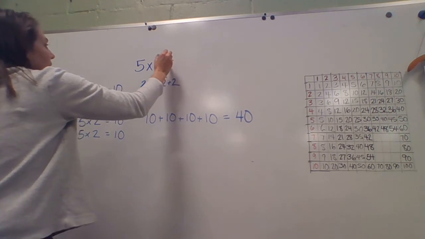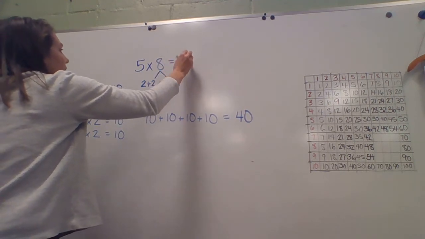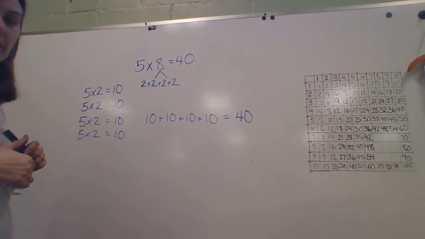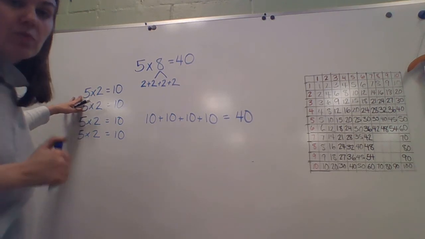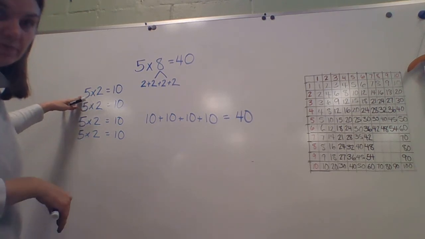So we can tell that 8 times 5 is going to be 40. We figured that out by using what we know already about 5 times 2.